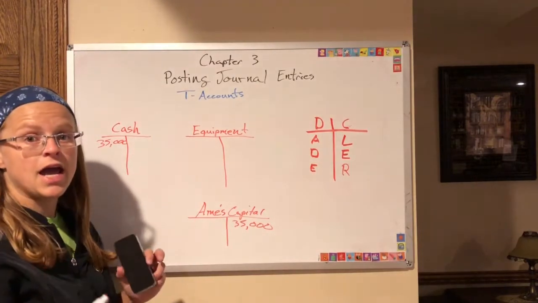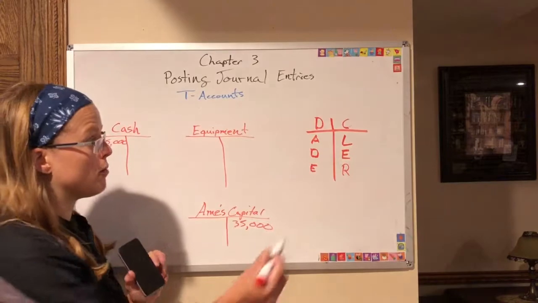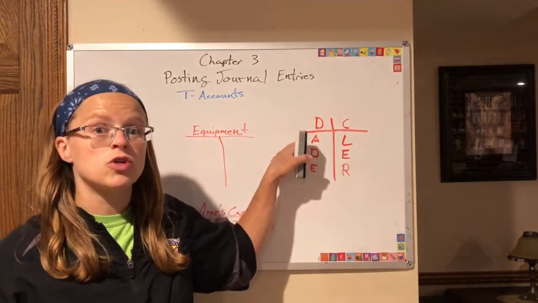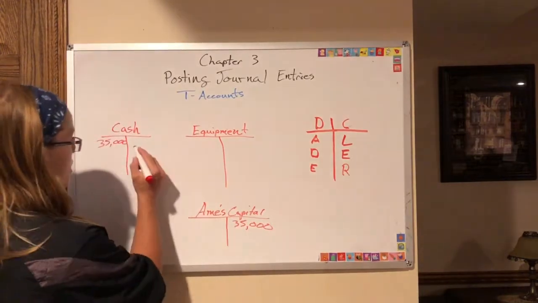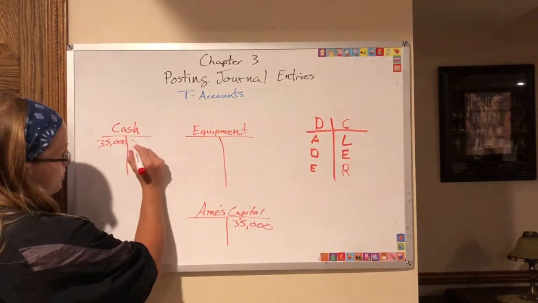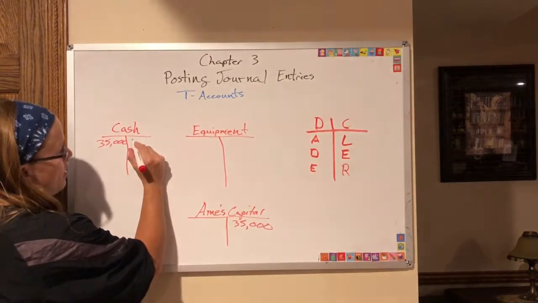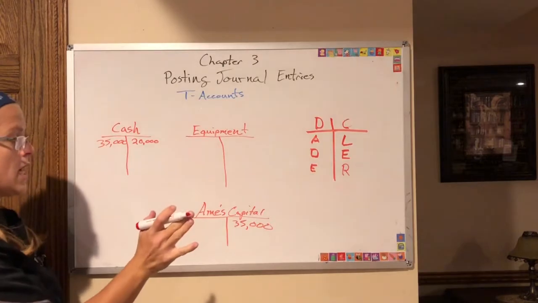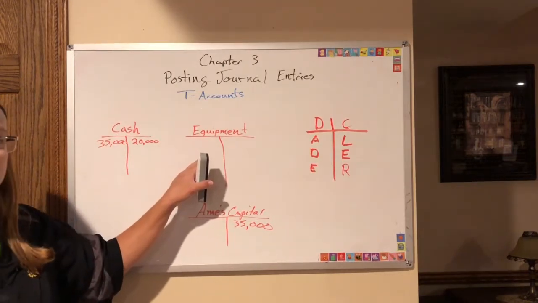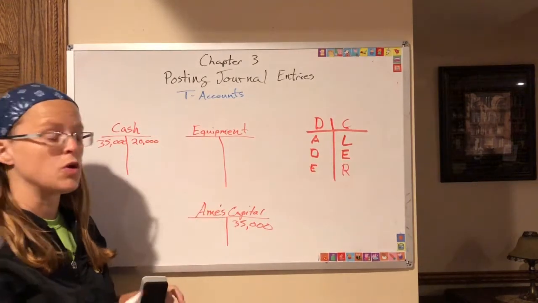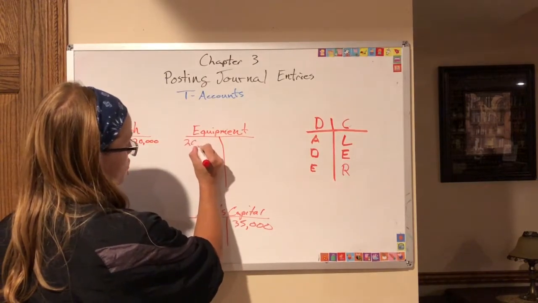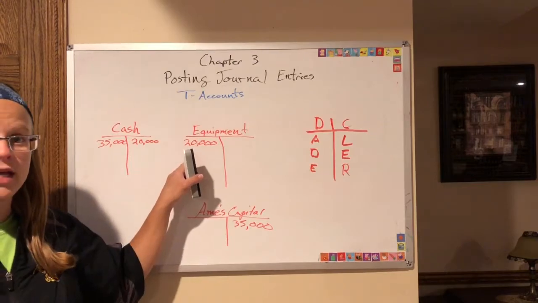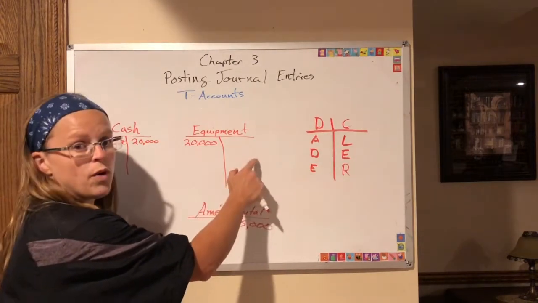Cash in its negative form is a credit, because in its positive form it will always be a debit. The cash is leaving the company, so you have to put a credit in the T account of $20,000. But we're gaining $20,000 worth of equipment, so we have $20,000 as a debit in your equipment account.